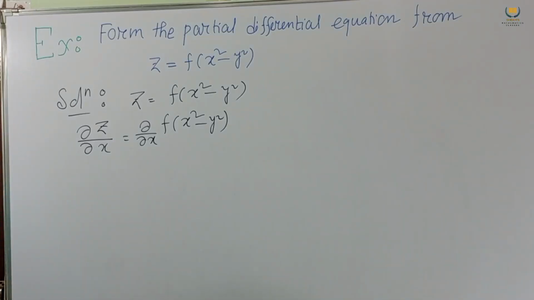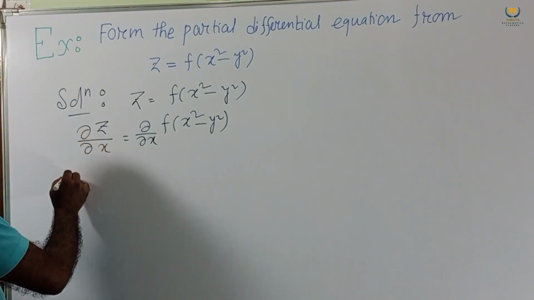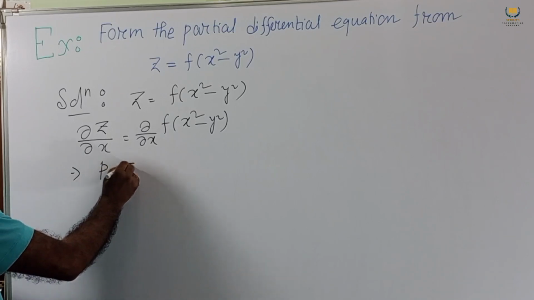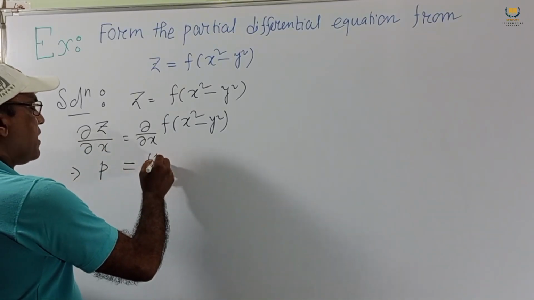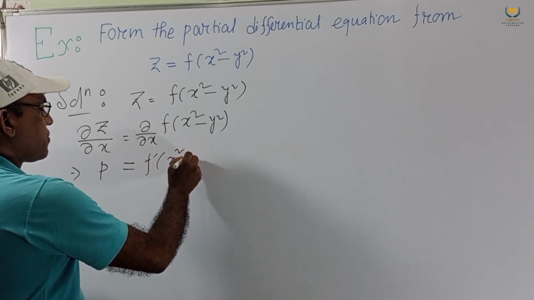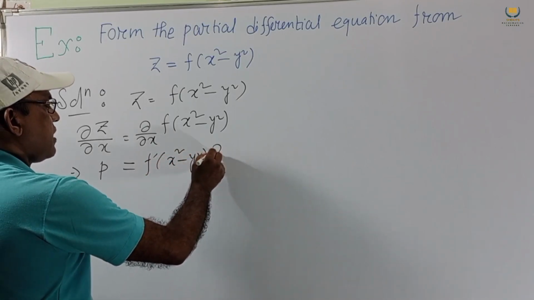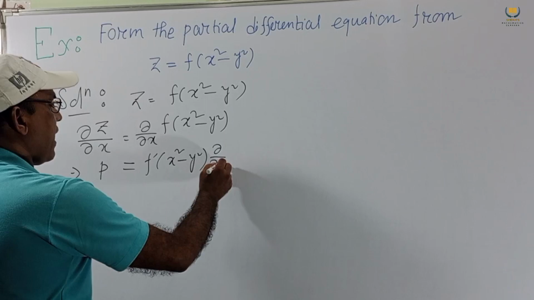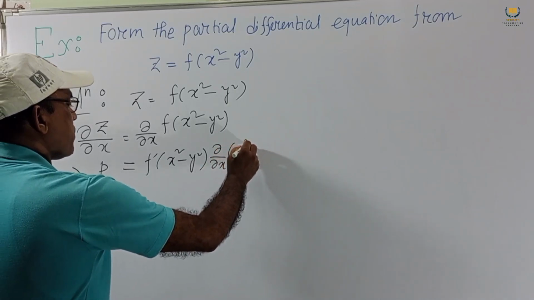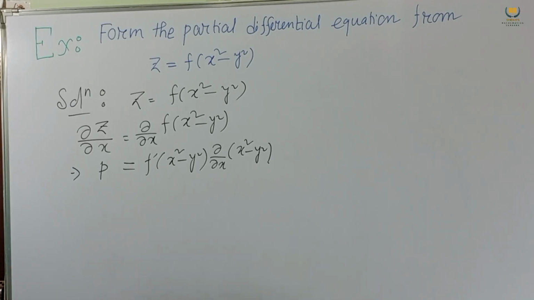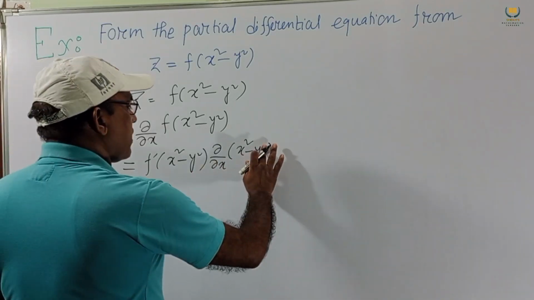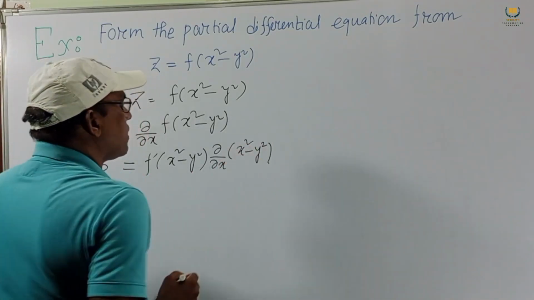So del z by del x, which we know is p, equals f dash of x square minus y square times del by del x of x square minus y square.